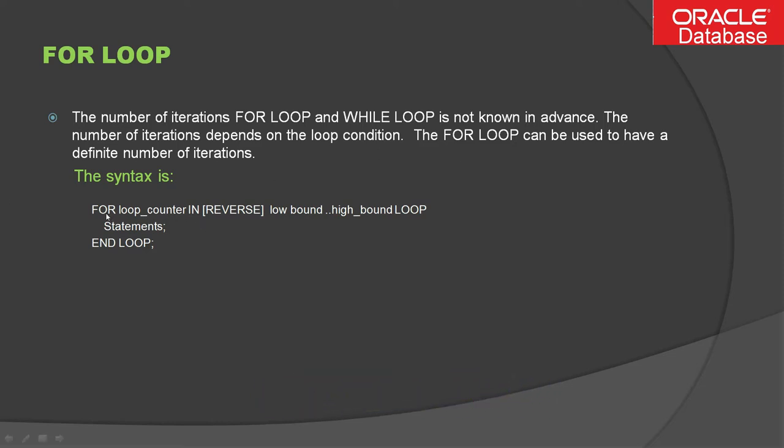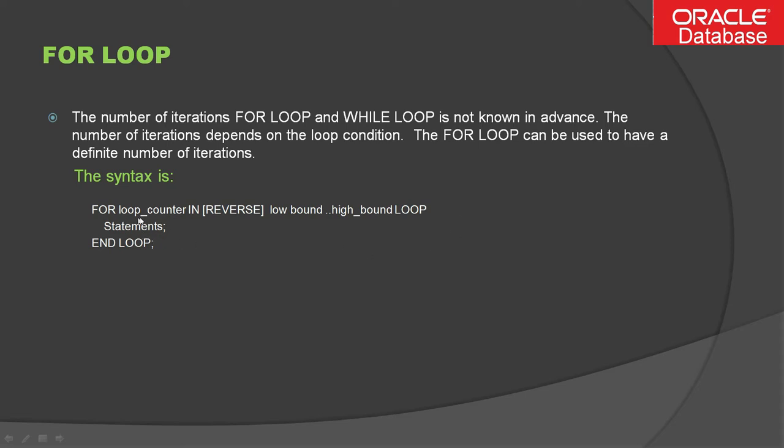You have to write the for, then the loop counter, then you can use in or reverse in. Then you have a low bound, and after two dots, you give the high bound, and finally you write the loop.